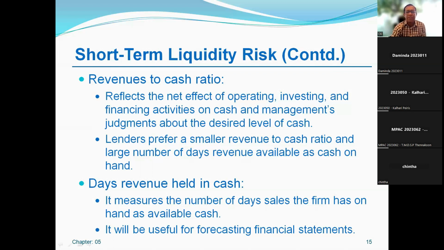So it says reflect the net effect of operating, investing, financing activities on cash and management judgment about the desired level of cash. Lenders prefer a smaller revenue to cash ratio and a large number of days revenue available as cash on hand. What does it mean?